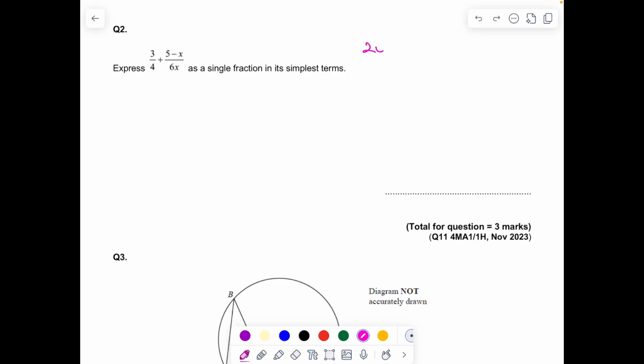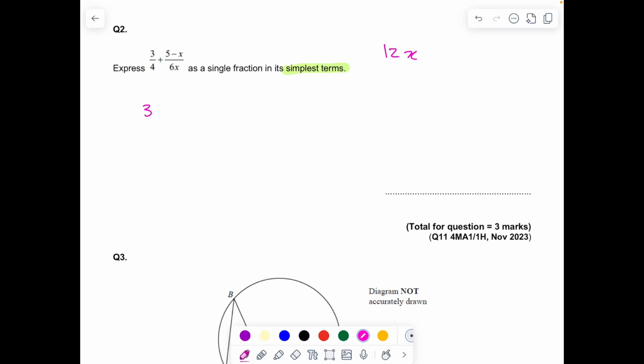I'm going to make both of them 12x. If you made both of them 24x, you would still get the correct answer, but you would have to simplify at the end, because it does ask you to write it in its simplest terms. But I'm going to make them both 12x.